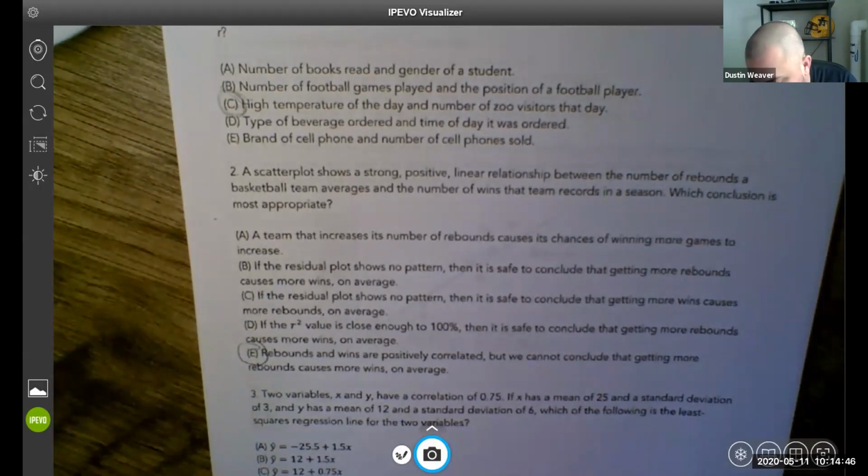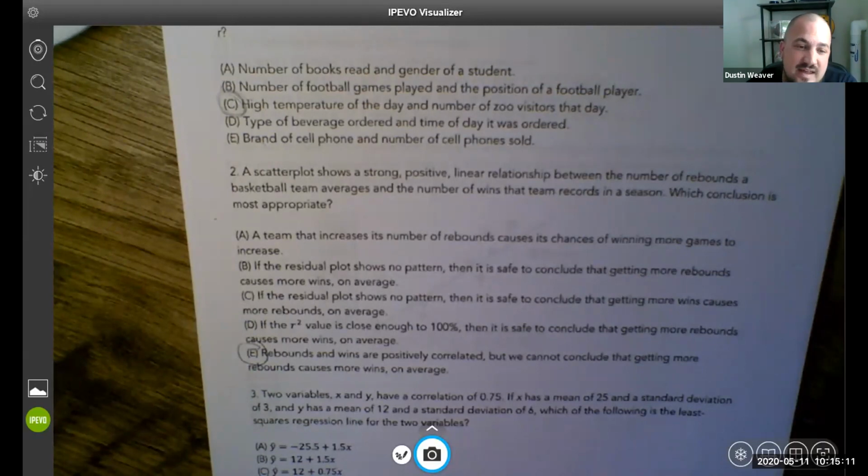So, for instance, as ice cream sales go up, the number of flu cases go down. We talked about that. That has a good linear relationship with each other because it's true. But really what's causing the ice cream sales to go up is the time of year, and what's causing the flu to go down is the time of year, right?